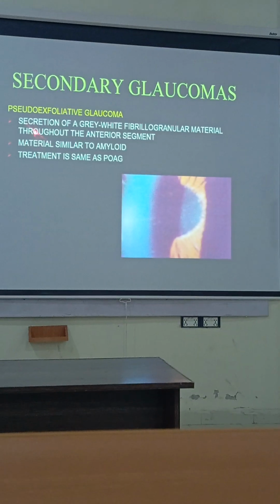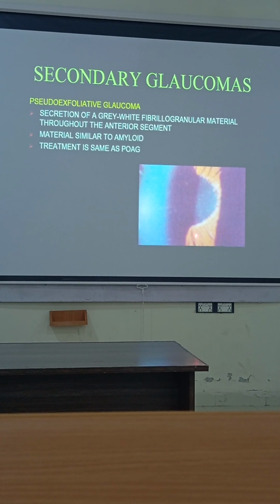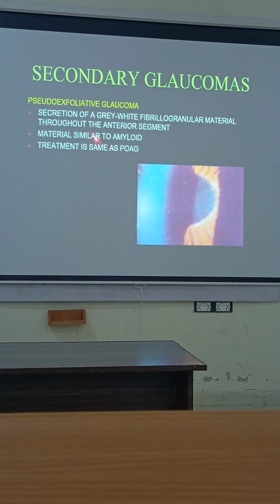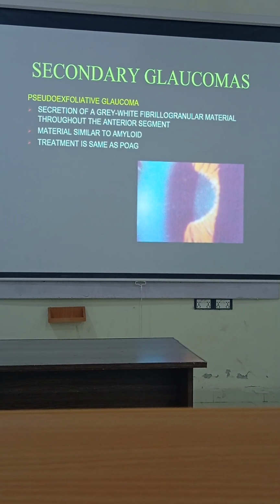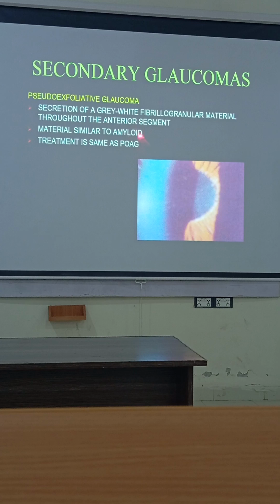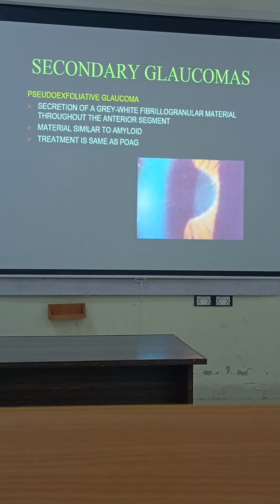Pseudo-exfoliative glaucoma is secretion of a grey-white fibrillogranular material throughout the anterior chamber. Material similar to amyloid. Histologically, it consists of amyloid when stained. Treatment is same as primary open-angle glaucoma.